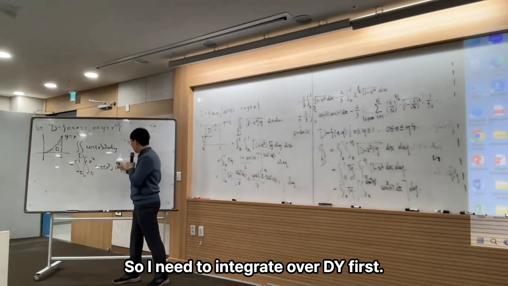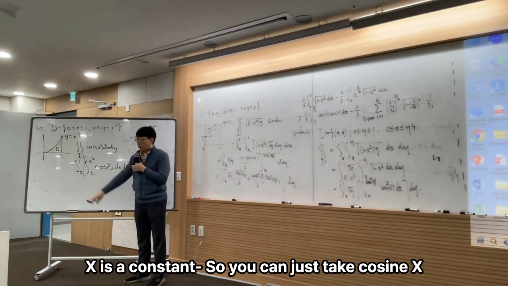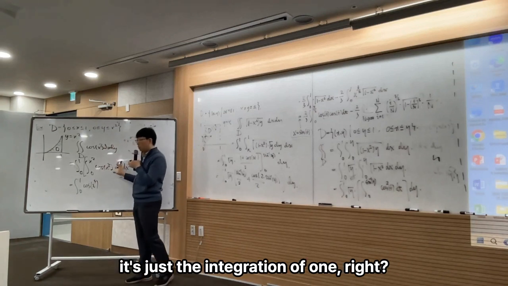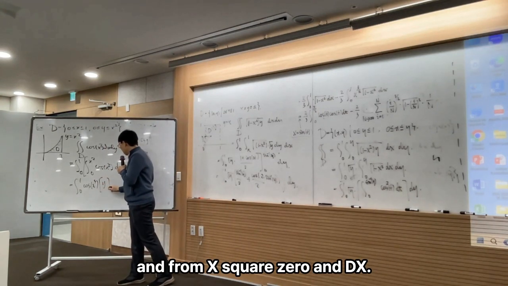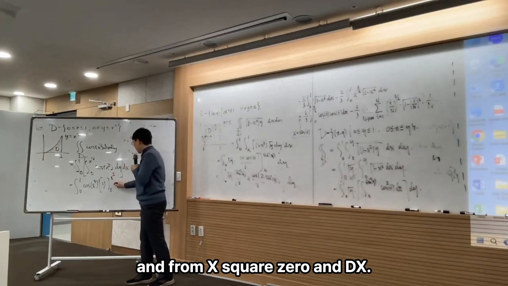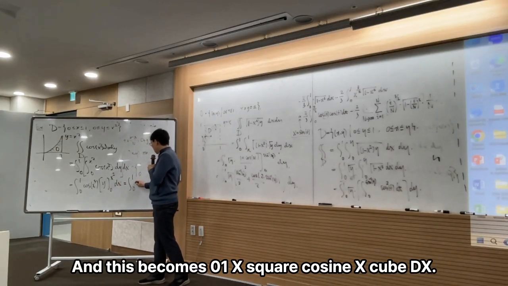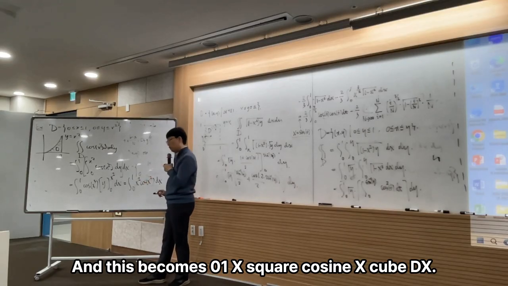So I need to integrate over dy first. x is a constant, so you can just take cosine x cubed outside. And inside, it's just the integration of 1, right? So it's just y, from 0 to x squared, and dx. And this becomes the integral from 0 to 1 of x squared cosine x cubed dx.